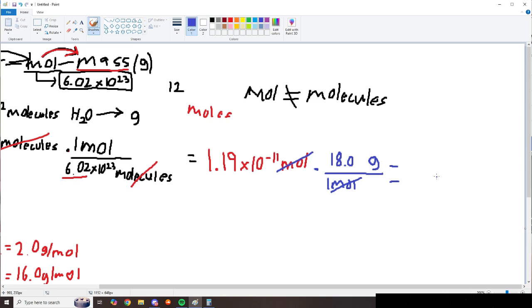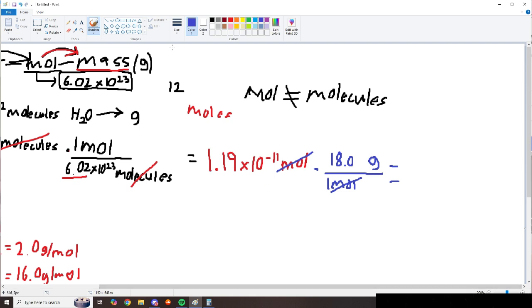So, 1.19 times 10 to the power of negative 11 times 18. And now we get 2.142 times 10 to the power of negative 10.